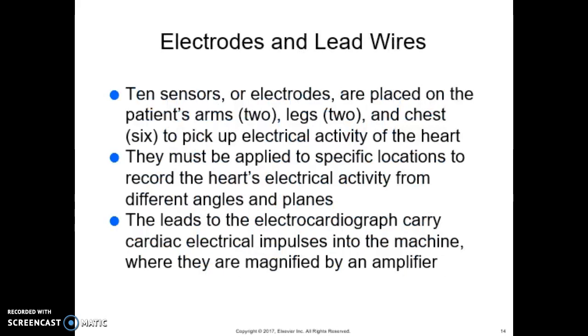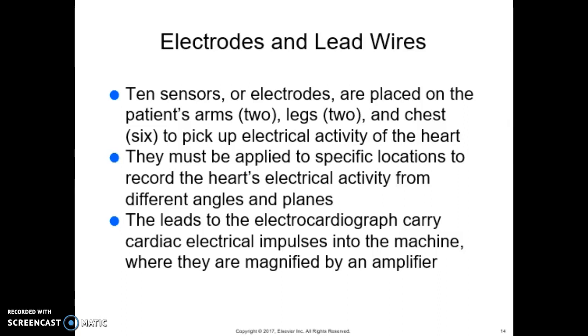Electrodes and lead wires. There are 10 sensors or electrodes. There are 2 arms and 2 legs, and then there are 6 leads on the chest area. They must be applied to specific locations to record the heart's electrical activity from different angles and planes, and these all line up together electrically, which is why it's so important that they're placed in the correct anatomical area.